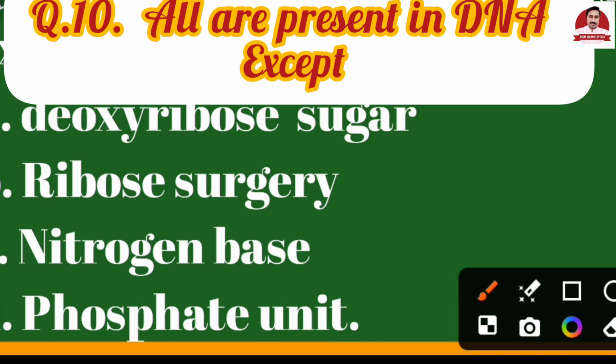So the ribose sugar is the only sugar which is present in RNA, and it is not present in DNA. So option B is correct, and options A, C, and D are present in the DNA molecule.